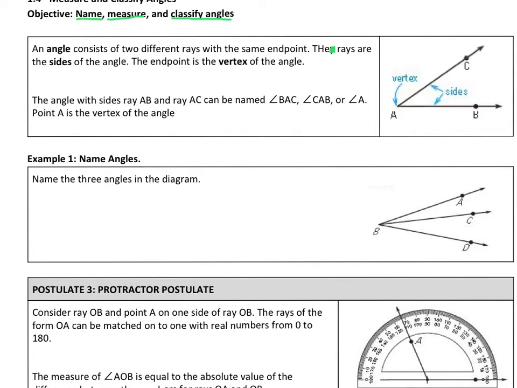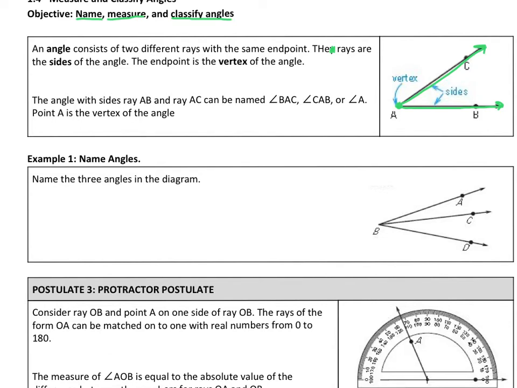So in this angle to the right, this angle has sides ray AB and ray AC, those are the sides, and the vertex is point A, okay? Vertex is point A. So we can name this angle two ways. And the way you name an angle is essentially you take points. 3 points usually we'll use to name an angle.